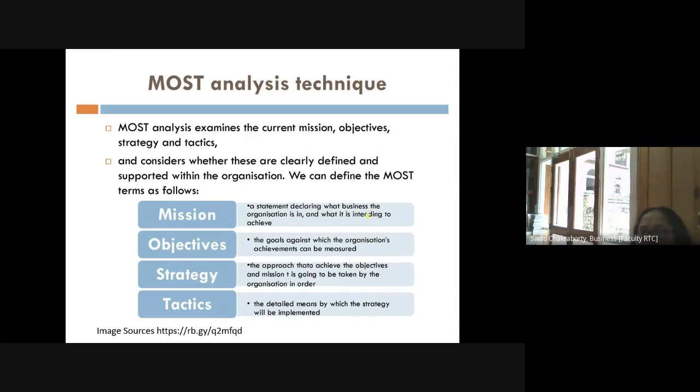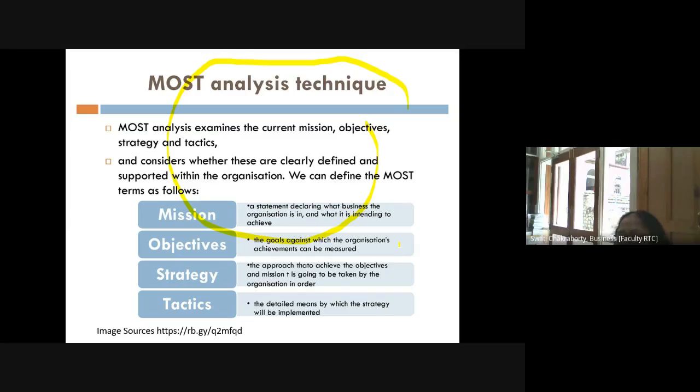So this is the MOST analysis technique framework, where we have mission, objective, strategy, and tactics. Mission is a statement declaring what business the organization is and what it intends to do. Objectives are the goals against which the organization's achievements can be measured.